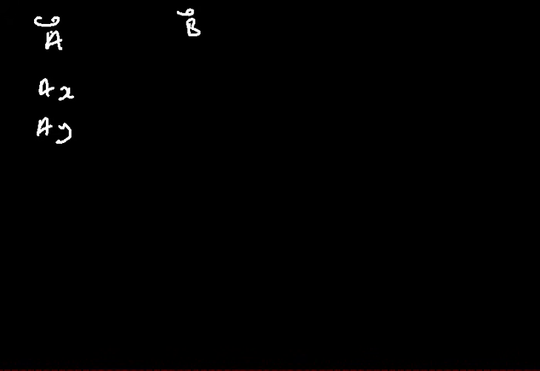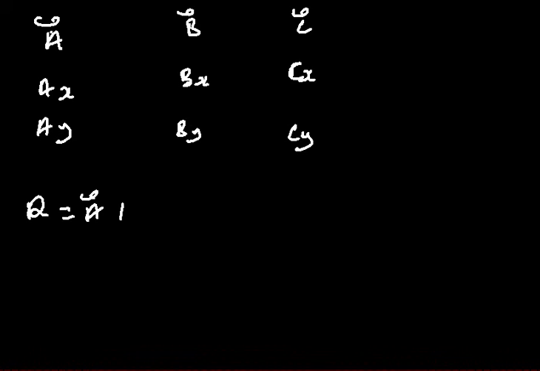Let's say the resultant is the summation of the three vectors. How can we get the resultant vector r for the summation of these three vectors component-wise?